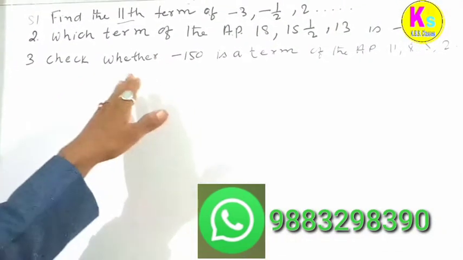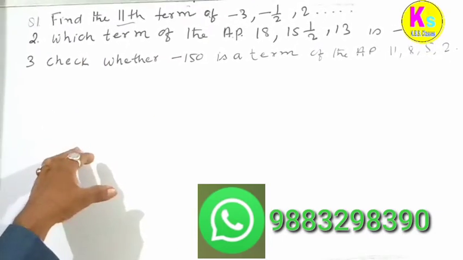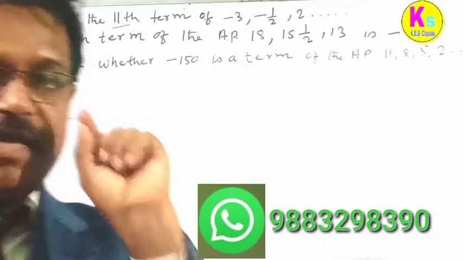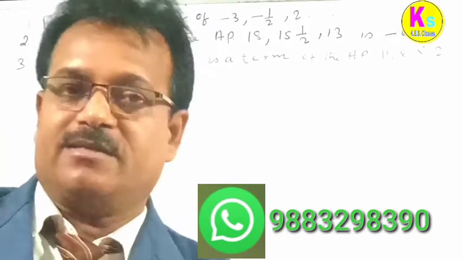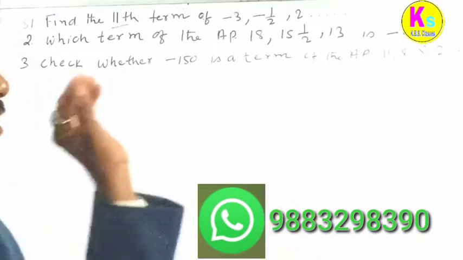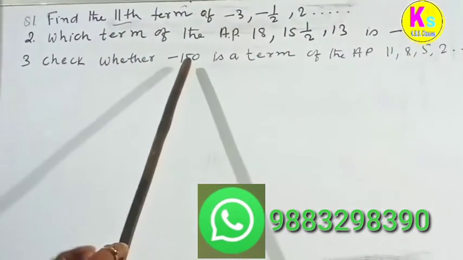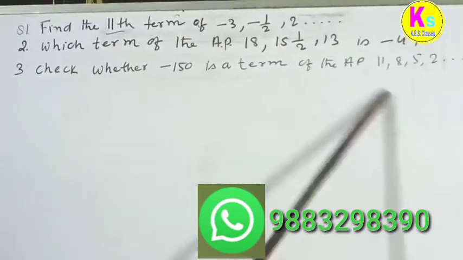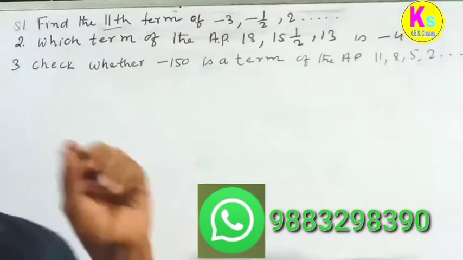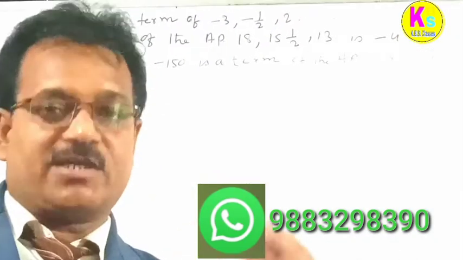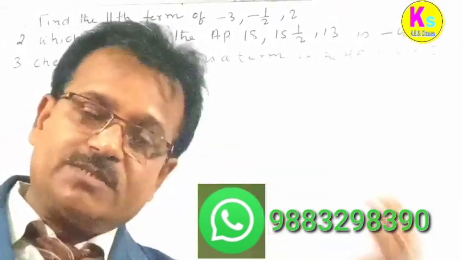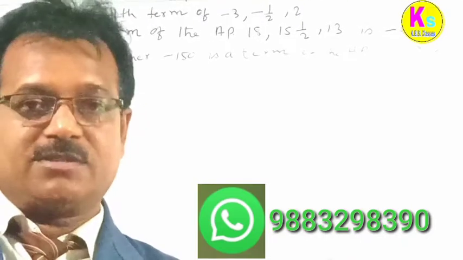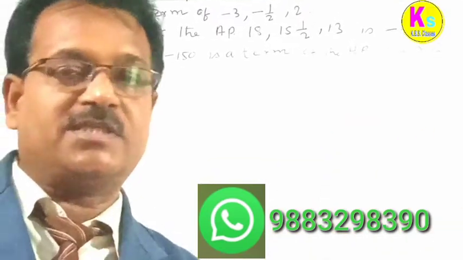You use the formula of Tn, and if n is a fraction, it can never be a term of this AP, because the number of terms can never be a fraction. That will always be a whole number: 1, 2, 3, 4, 5, 6 in this way.